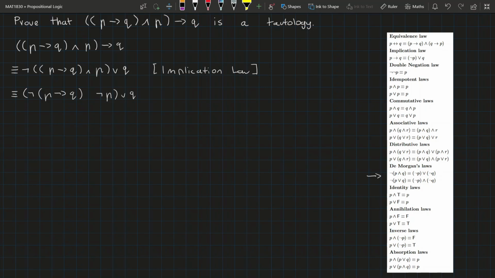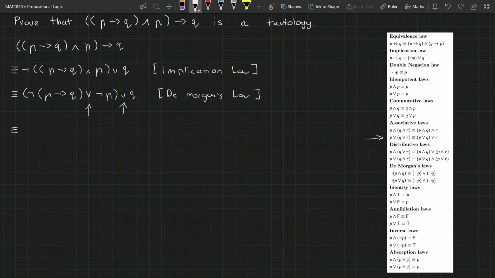Yes, we have to flip the symbol, we have to flip the and to an or when we use De Morgan's law. Now we can see that these are both ors, which means we can use the associative law here to move the brackets basically.